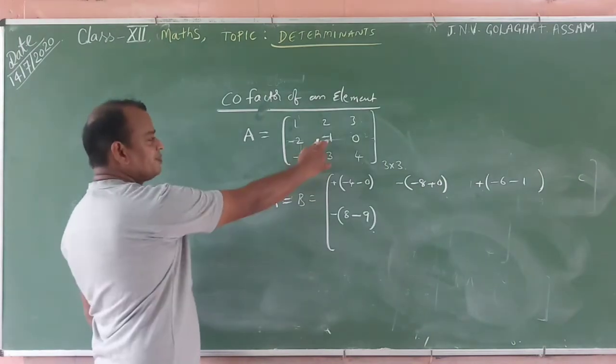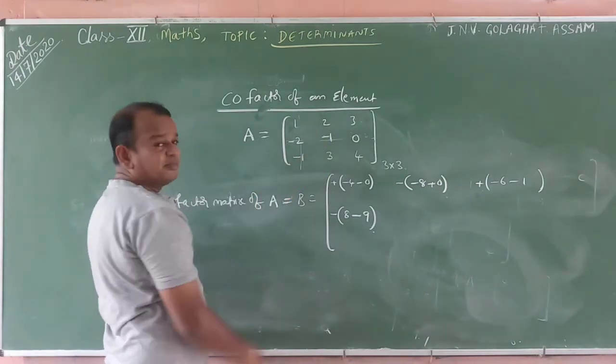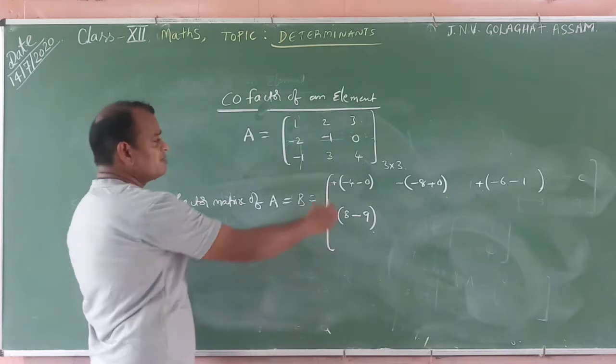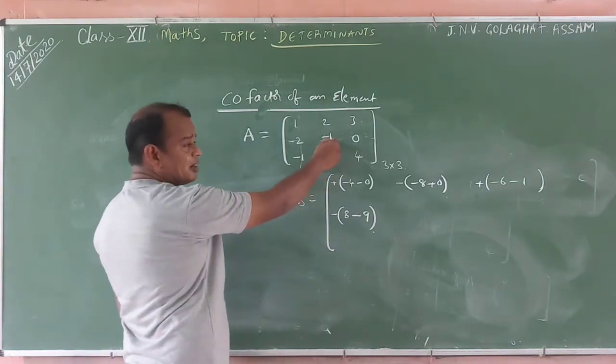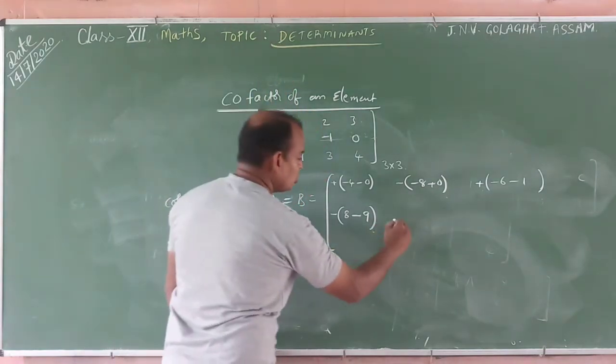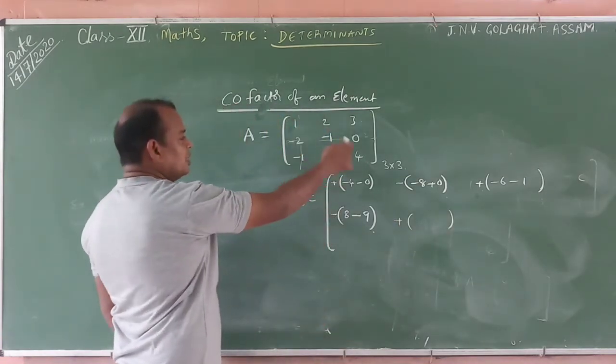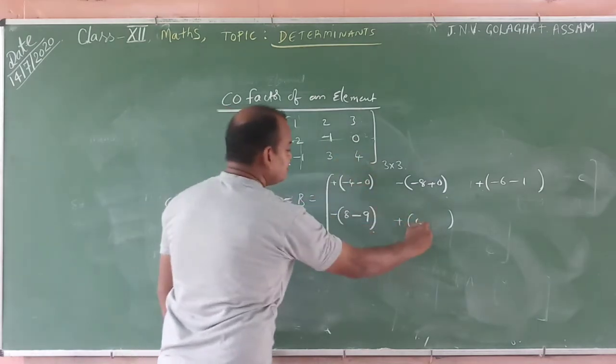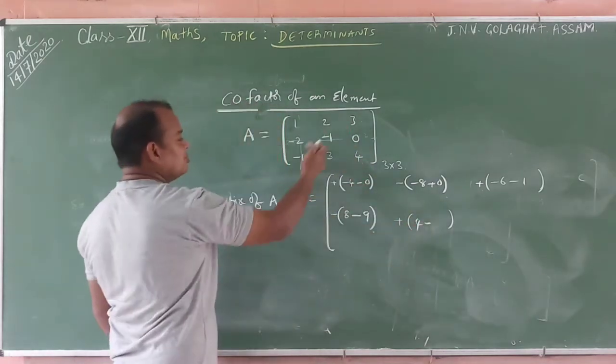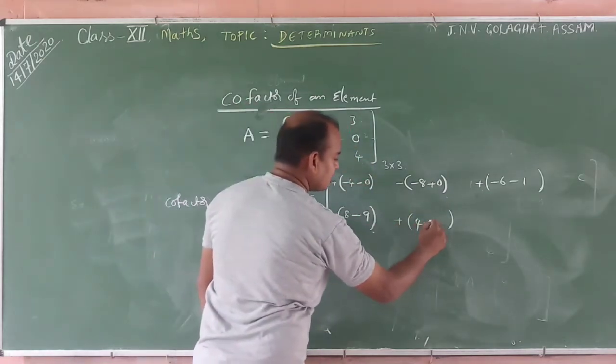Next, the cofactor of -1. It is present in the second row and second column. Minus 1 power 4 means positive. Now we write the minor: deleting the row and column, 1 4s are 4, minus 3 into -1, and minus 1 means plus 3.